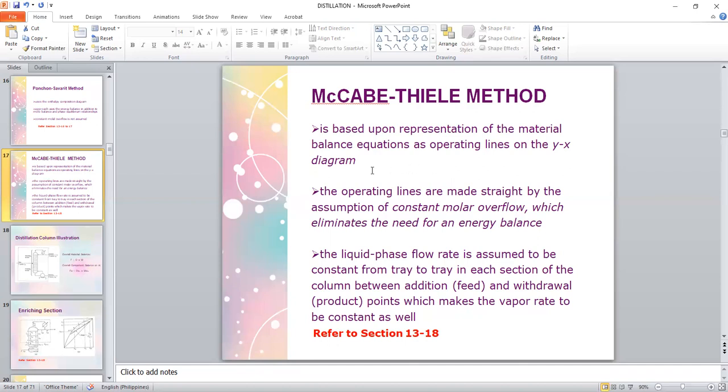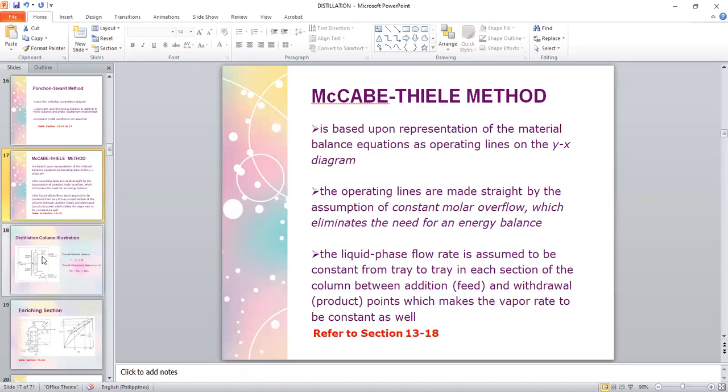The liquid phase flow rate is assumed to be constant from tray to tray in each section of the column between addition of the feed and withdrawal of the product points, which makes the vapor rate constant as well. I have mentioned this already. You can read more on this in section 13-18 of your handbook.